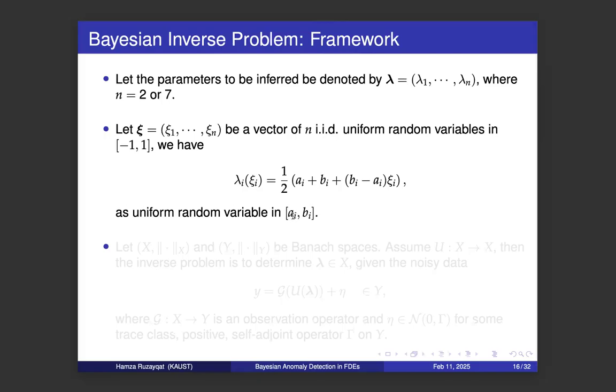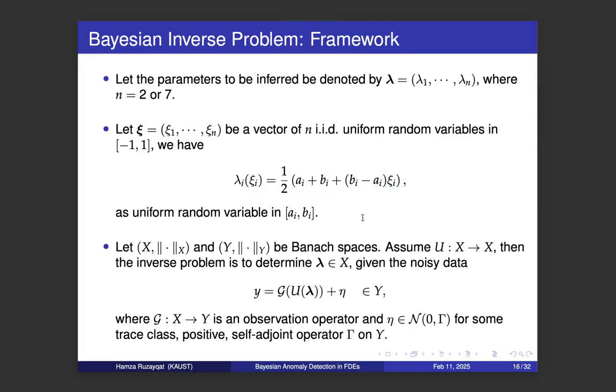For example, Cx and Cy, the centers, belong to the interval 0.3 to 0.7. But we consider them as uniform random variables. So using this transformation, where xi is a random variable in [-1, 1], we have a transformation that takes lambda i to be in [a_i, b_i].